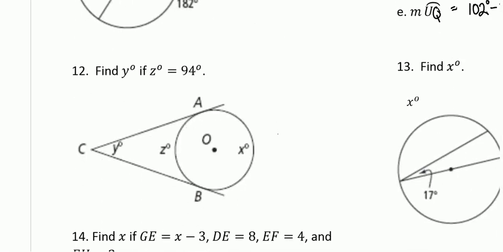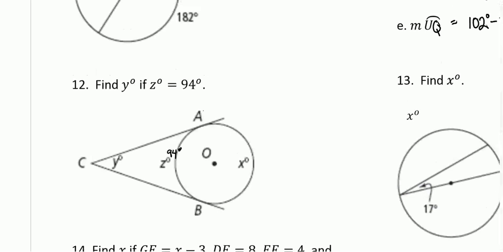Number 12, we're looking for the measure of angle Y, and the measure of angle Z is 94. So this is 94 degrees. Well, if Z is 94, then X is going to be 360 minus 94, which is 266 degrees.